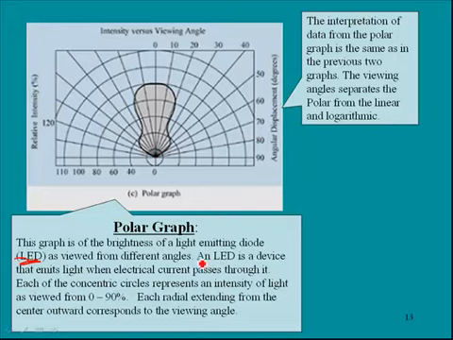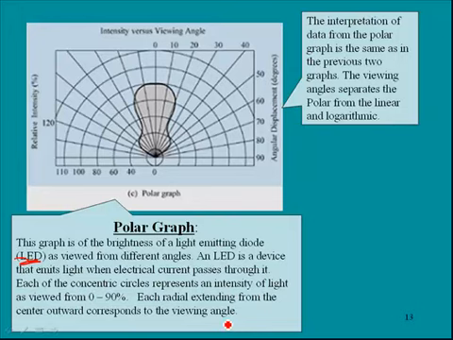And I might mention here, an LED is a device that emits light when electrical current passes through it. In this case, each of the concentric circles represents an intensity of light as viewed from 0 to 90 degrees. Each radial extending from this center outward corresponds to the viewing angle.